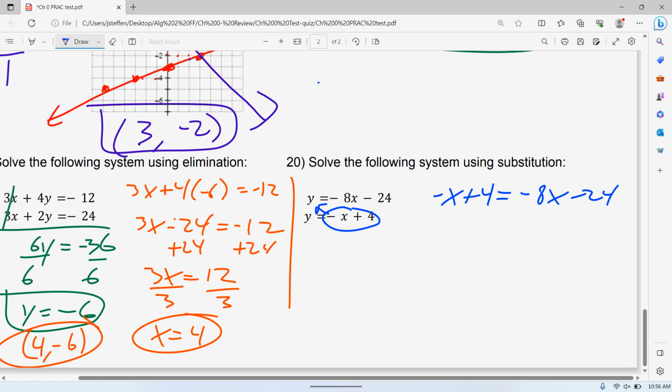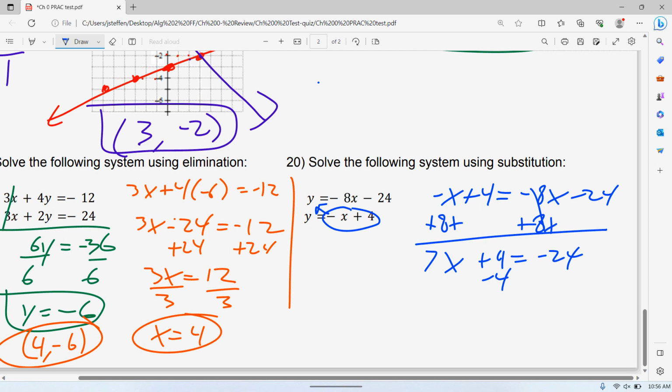So, things you can do first, I'm going to go ahead and add 8x to both sides. Then I'm going to subtract 4. This should be 7. Subtract 4 from both sides.